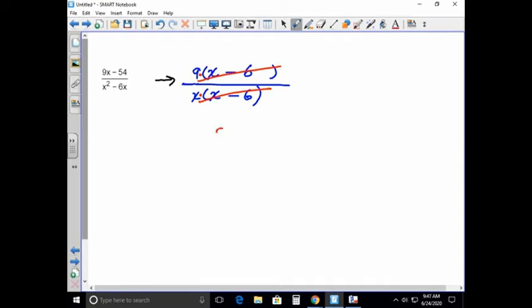Again, we don't have to write this step, but we could break this apart and call this 9 over x times x minus 6 over x minus 6. Remember, when you multiply fractions, you multiply straight across. So this would be equal to 9 times that parenthesis, over x times that parenthesis, which is what we have.